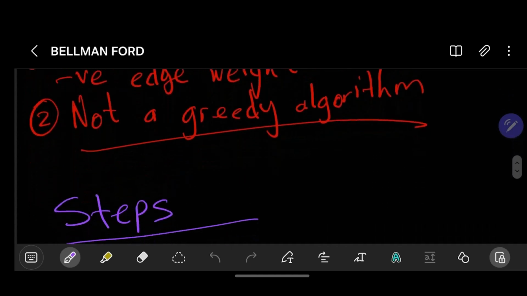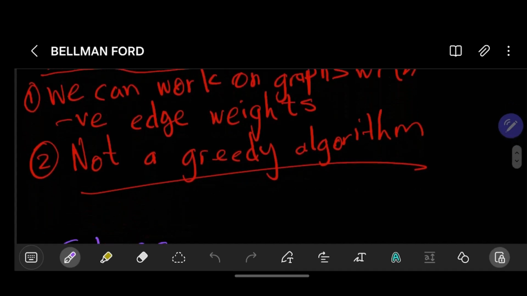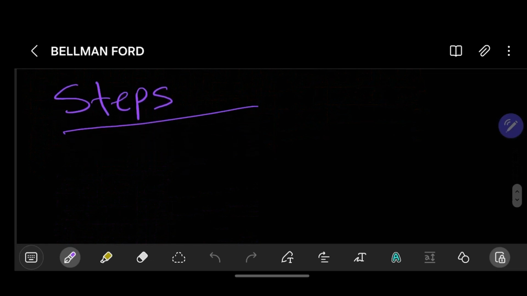So that's basically what Bellman-Ford's algorithm is, and whenever you have some negative edge weights, that will give you a hint that you need to use Bellman-Ford's algorithm instead of Dijkstra's algorithm. So let's go ahead and look at the steps to implement Bellman-Ford's algorithm.